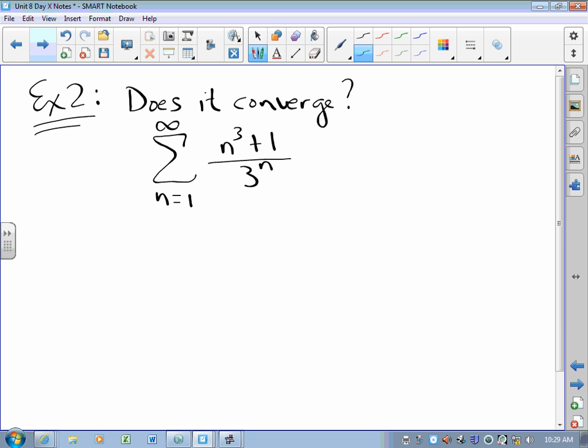If you want to know, does a series converge, and the series is not geometric, this is clearly not geometric, you can apply the ratio test. Because the ratio test takes series that are not geometric and turns them into series that are geometric.